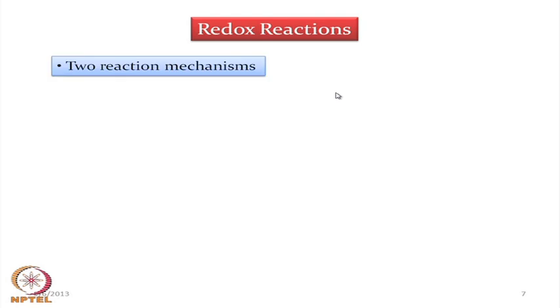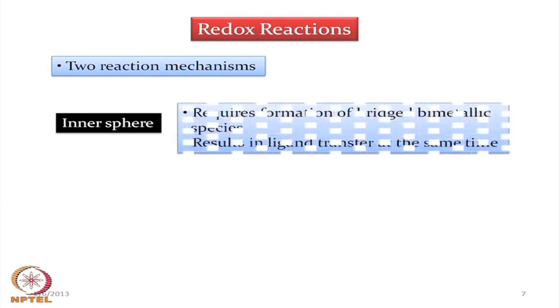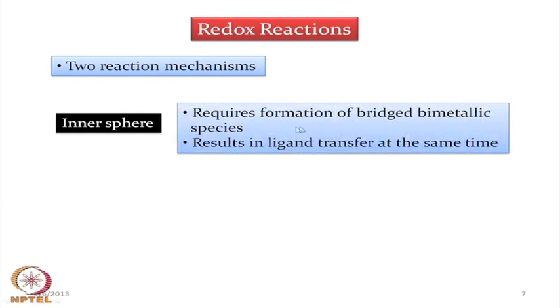So for a particular type of redox reaction we can have two reaction mechanisms. One is the inner sphere mechanism, where the reaction requires formation of a bridged bimetallic species, which results in ligand transfer at the same time.